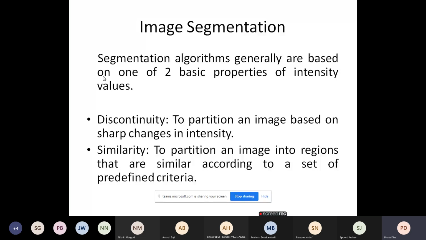You can go back and see the previous notes wherein we had discussed edge-based and region-based segmentation. So the region-based segmentation approach relates to the second category, which is based on partitioning an image into regions that are similar according to some set of predefined criteria. So you can put edge-based segmentation in the first one, that is, in the discontinuity aspect.